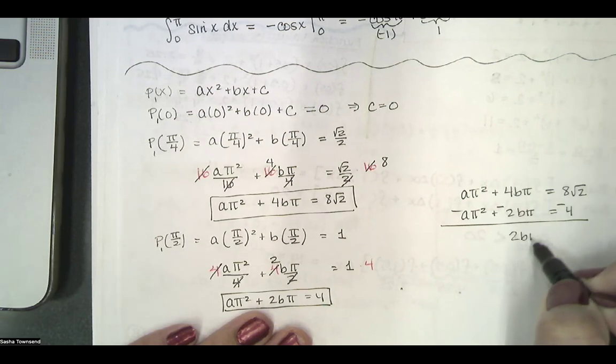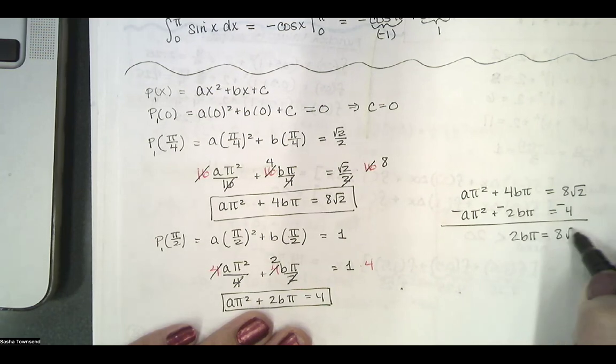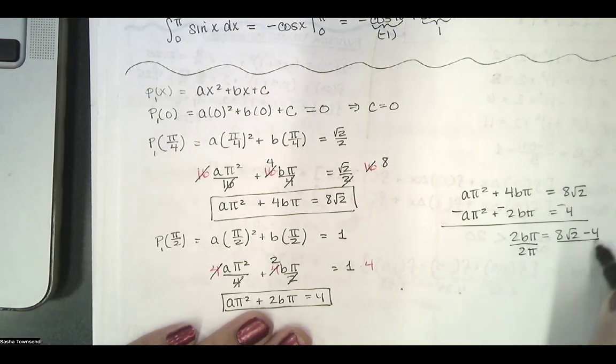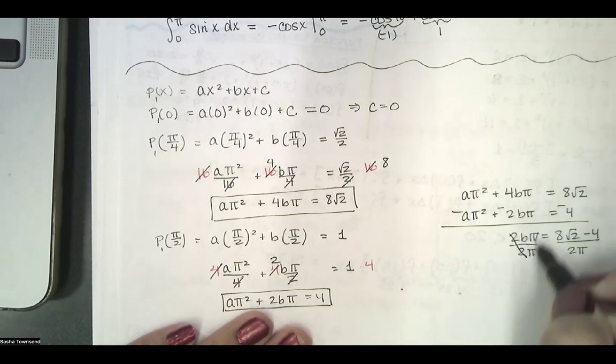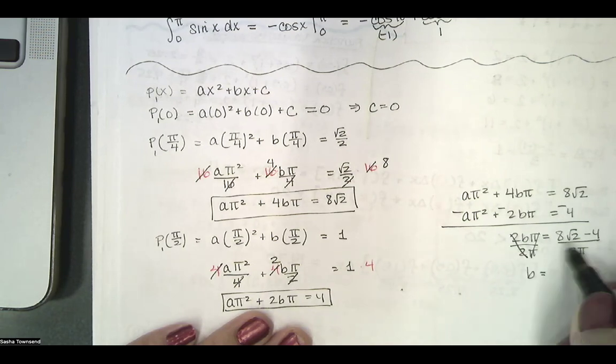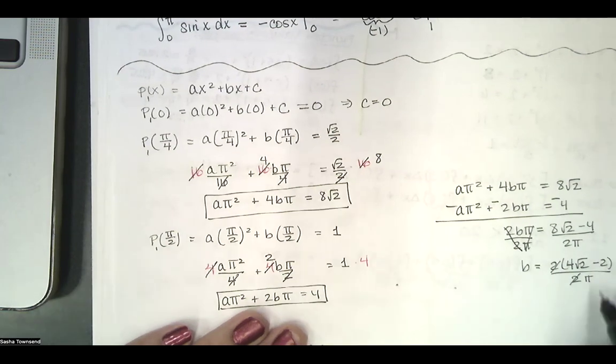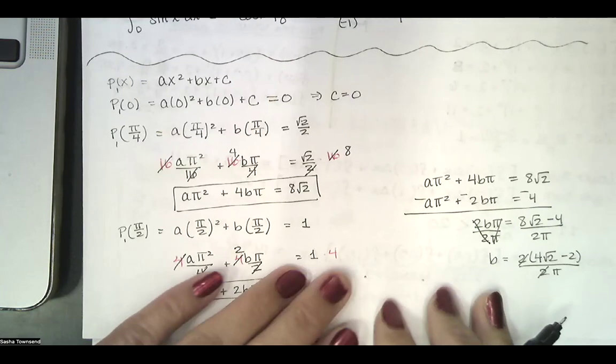Then we'll have 2b times pi equals 8 square root of 2 minus 4. We'll divide both sides by 2 pi. We have b equals, if we factor out a 2, 2 times 4 root 2 gives me that first term, 2 times negative 2 gives me my second number. Divide by the 2's, and we get that as our coefficient b.